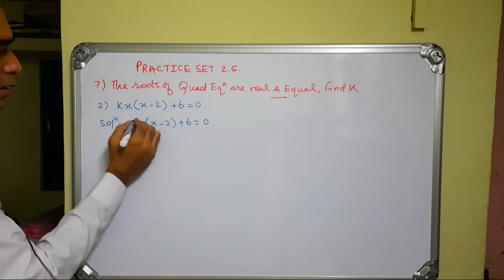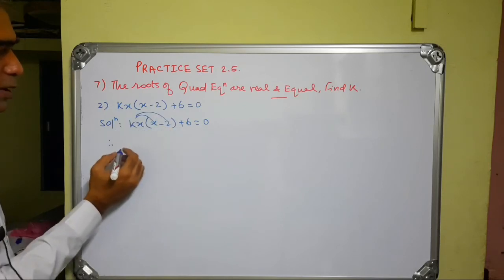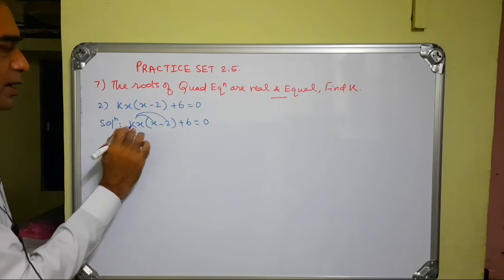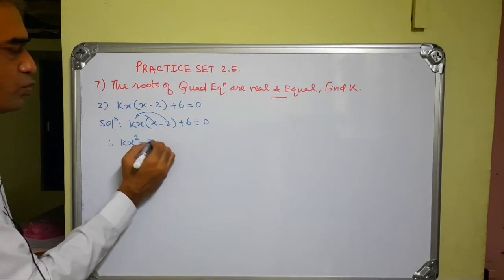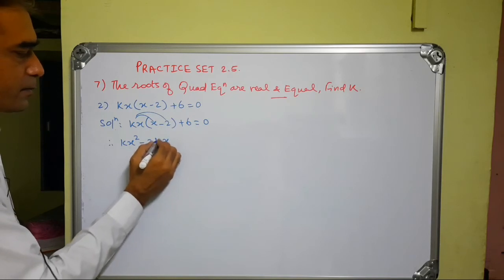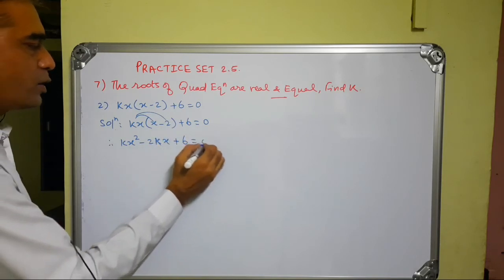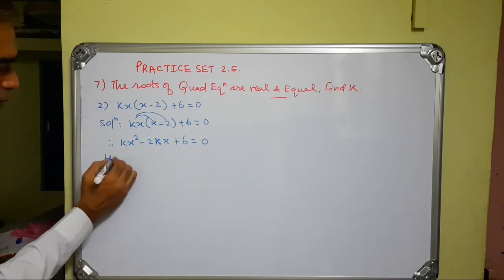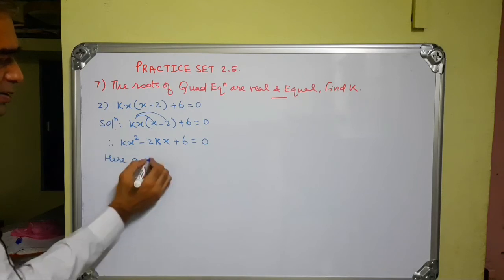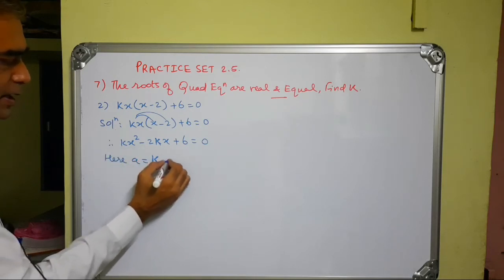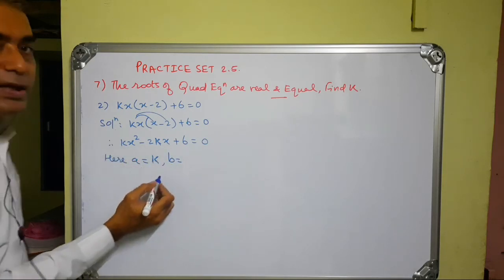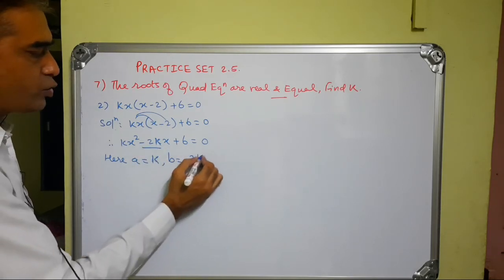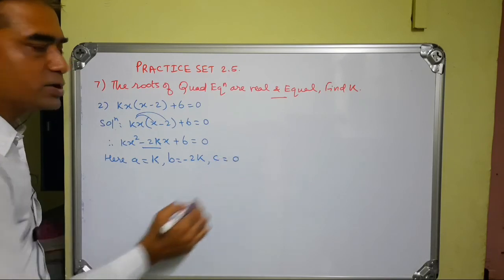Therefore in the standard form, kx into x is kx square, and kx into negative 2 is minus 2kx, plus 6 equals to 0. Now let's find the values of a, b, c. Here a is k, and b is the coefficient of x, that is minus 2k, and c is 6.